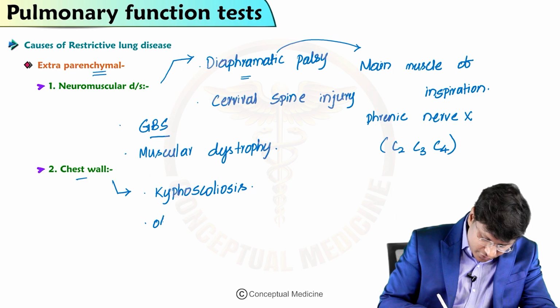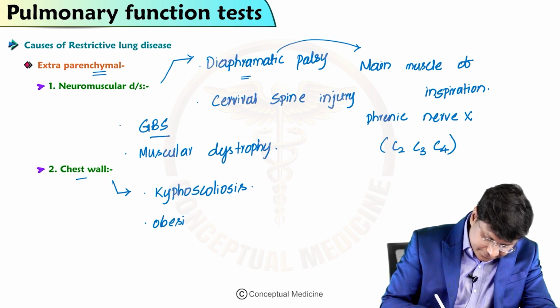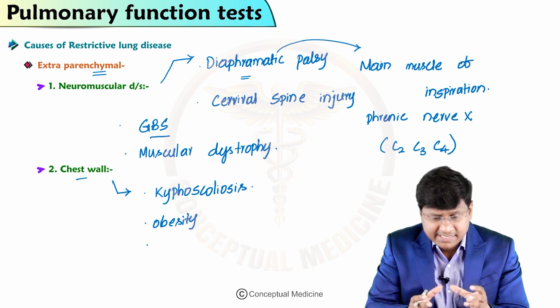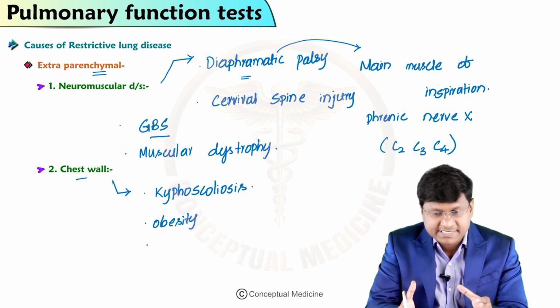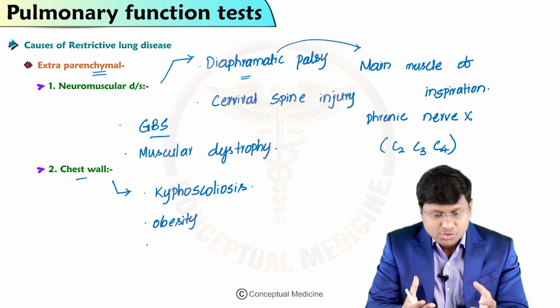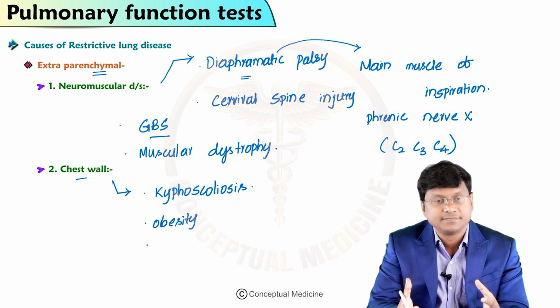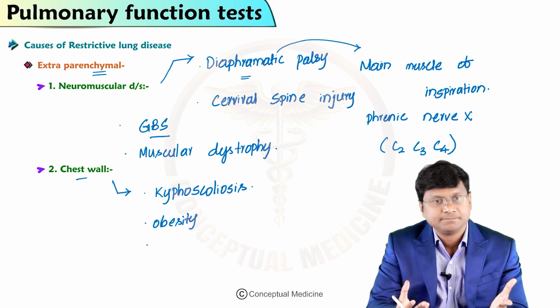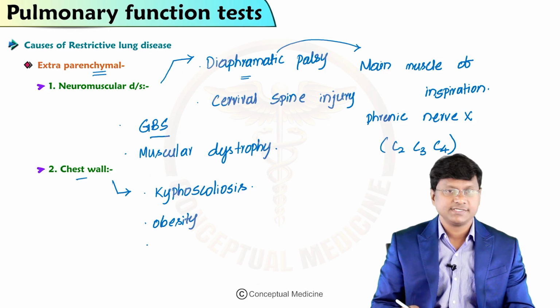Then followed by that, obesity. See, in obesity, there is a thick chest wall because of excessive accumulation of fat surrounding the rib cage. So this excess fat will not allow the lung to expand, resulting in restrictive lung diseases.